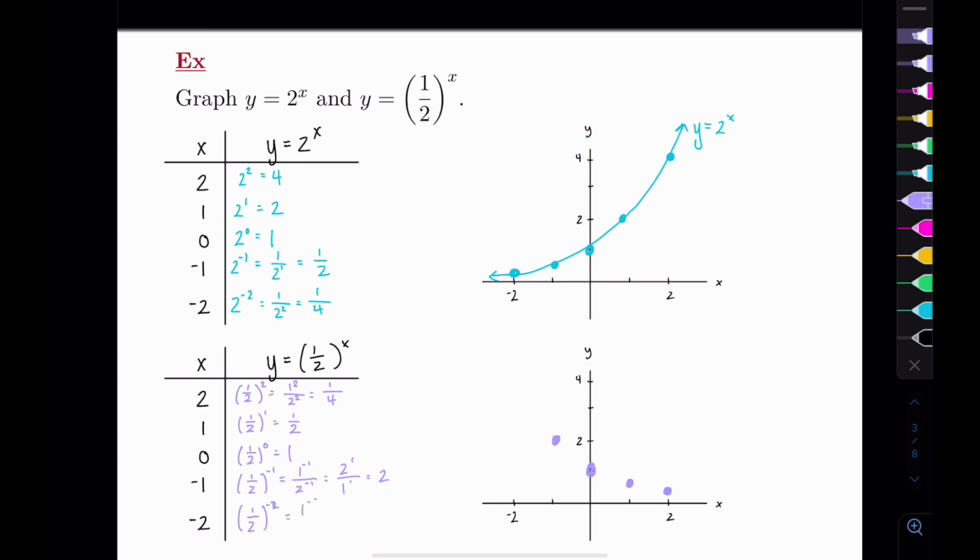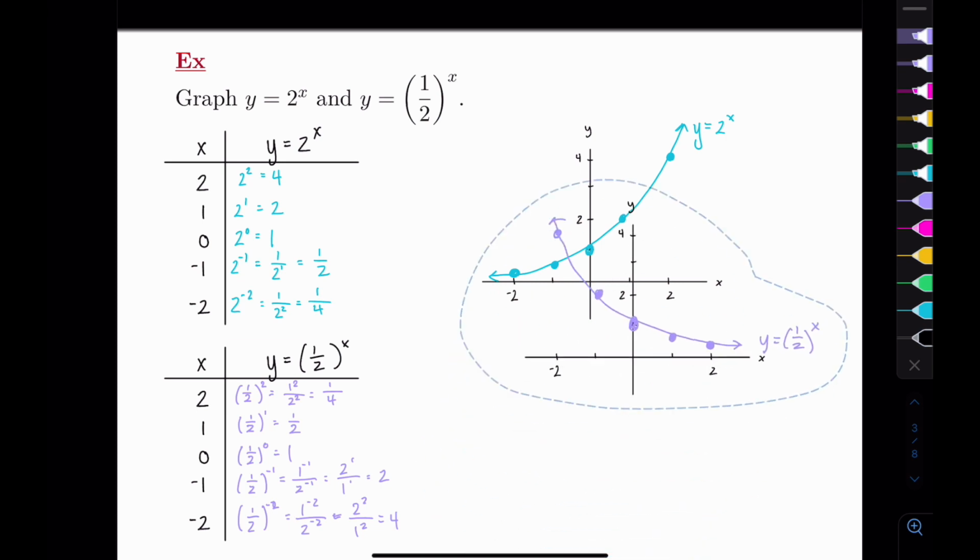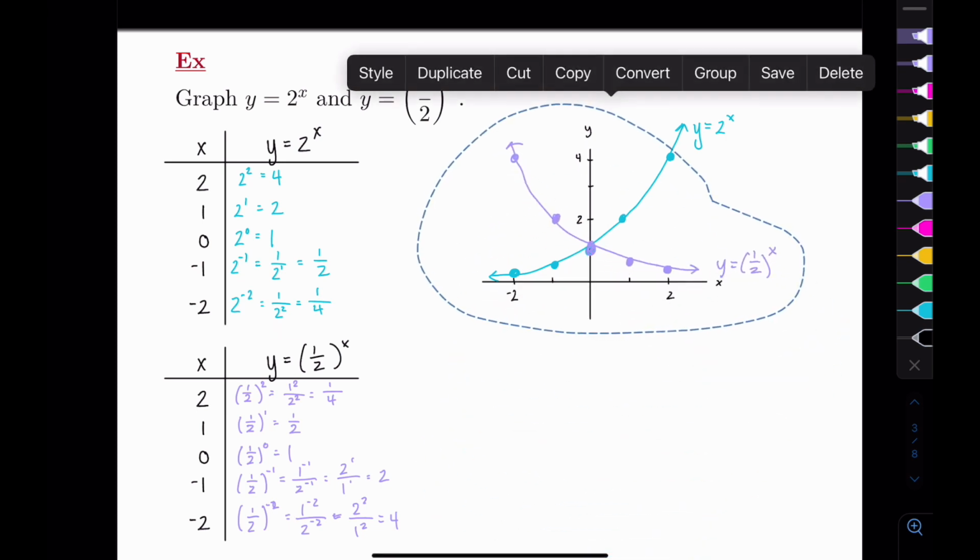This would be 1 to the -2 over 2 to the -2, which flips, so it's 2 squared over 1 squared, which gives us 4. So we end up through this point, and our graph really is just flipped. So this is our graph of 1/2 to the x. Just so you can see, if we put these on the same graph, they are reflections about the line y equals x.